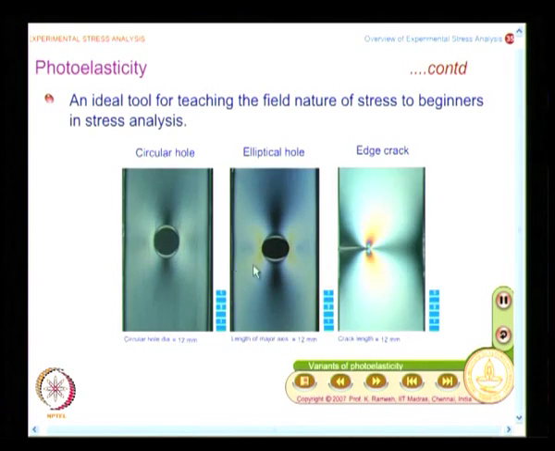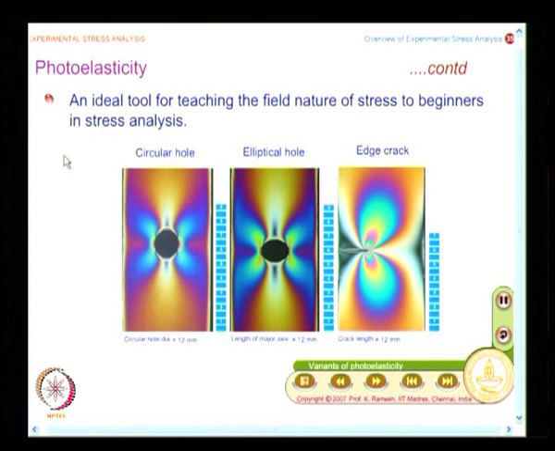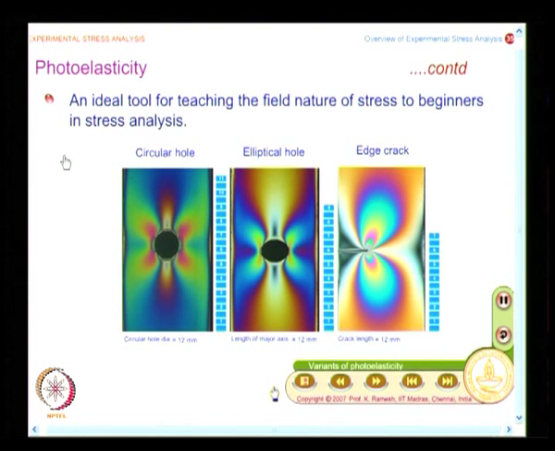There are many branches, and now you have digital photoelasticity. To cover all of them in a single course is beyond any human effort. So, you need to do multiple courses, and what you have here is photoelasticity is always an ideal tool for teaching the field nature of stresses to beginners.